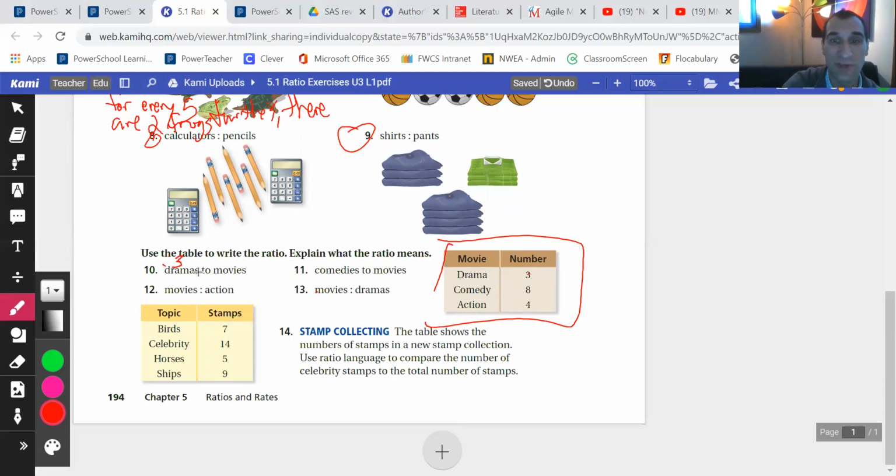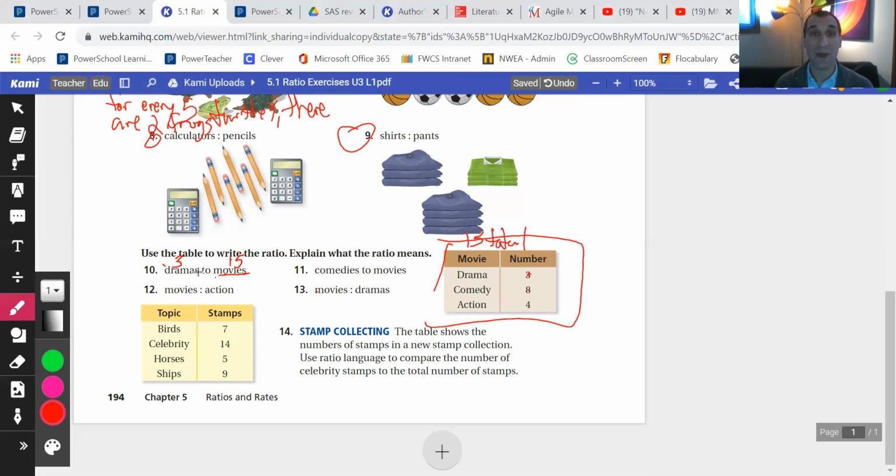Now, how many movies are there total? Well, there'd be 8, 9, 10, 11, plus 4 would be 15. So there's 15 total movies. The ratio is out of 15 movies, 3 of them are dramas. That's how we would do this particular problem.